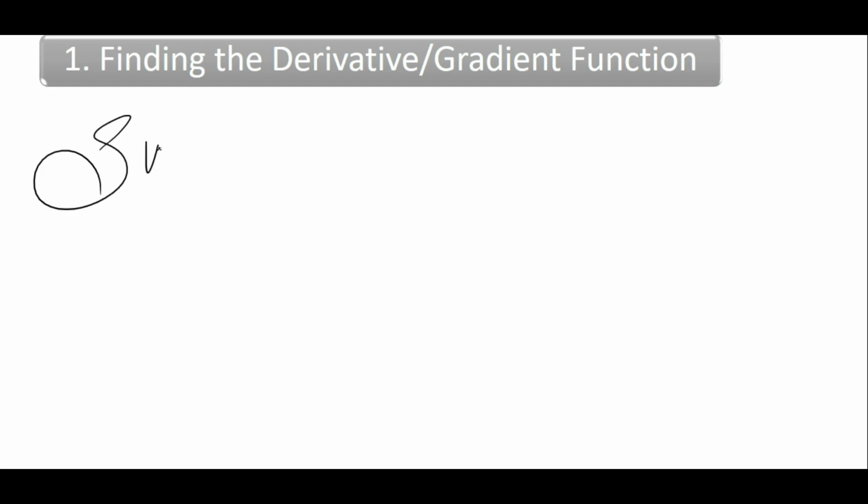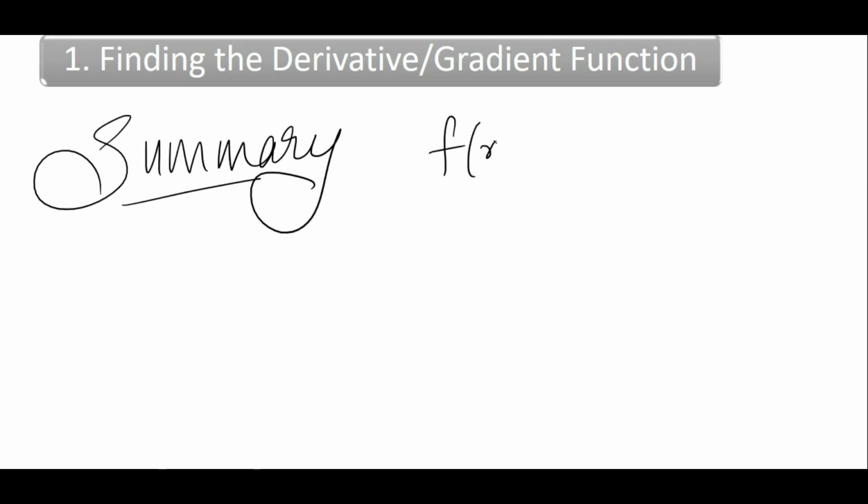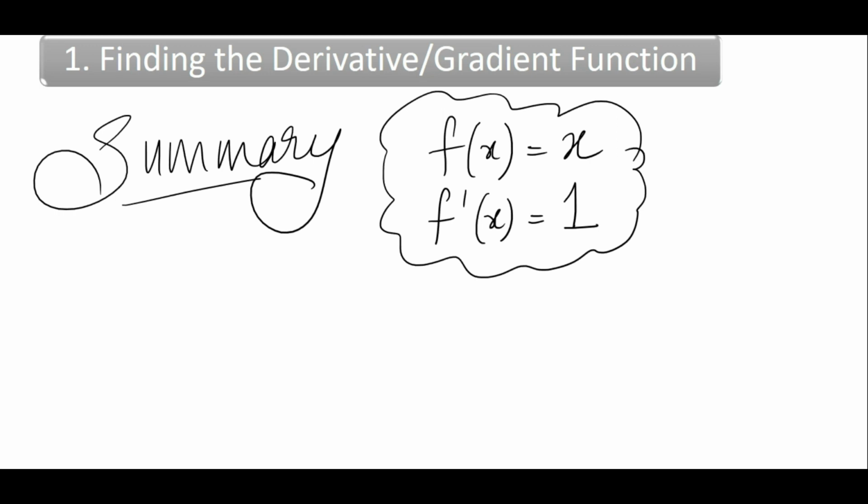A quick summary of what we have learned now. f of x equals x, then f dash of x is going to be 1. f of x equals a constant, let it be 7, then f dash of x is equal to 0.